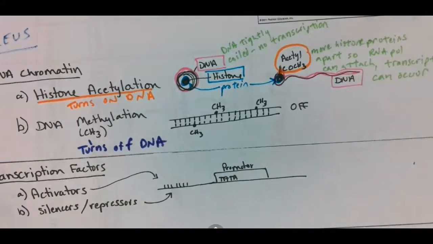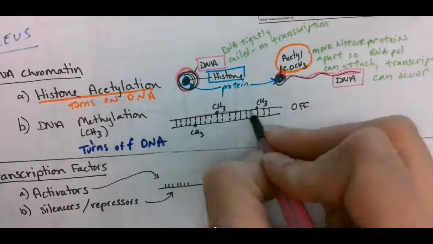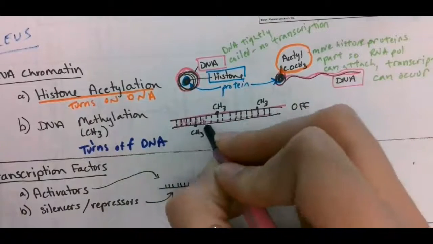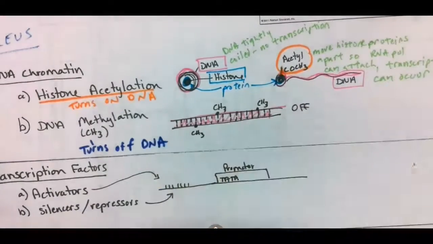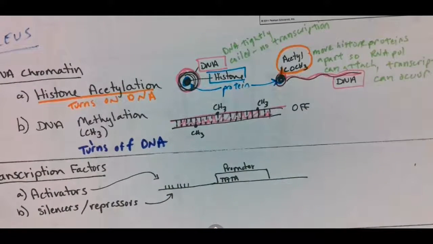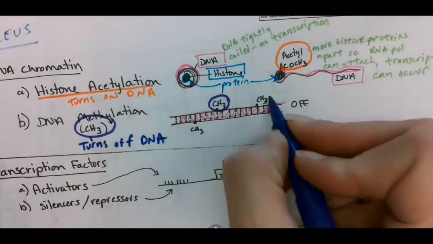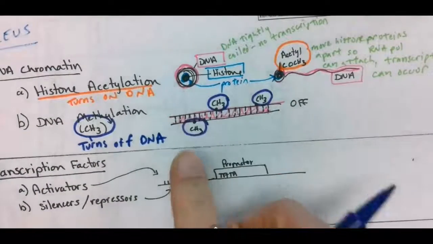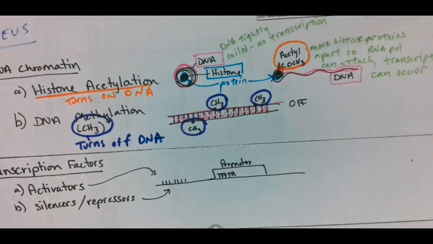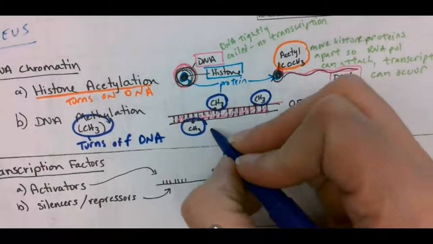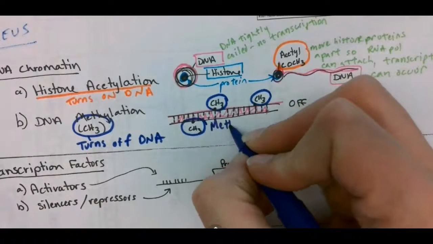How does this occur? Well, again, if this is your DNA right here, your DNA is made up of a bunch of nucleotides, A, T, G, and C. In DNA methylation, we add methyl groups, CH3. These methyl groups attach to the outside of the cytosine nucleotides, and this prevents transcription because RNA polymerase can't bind.